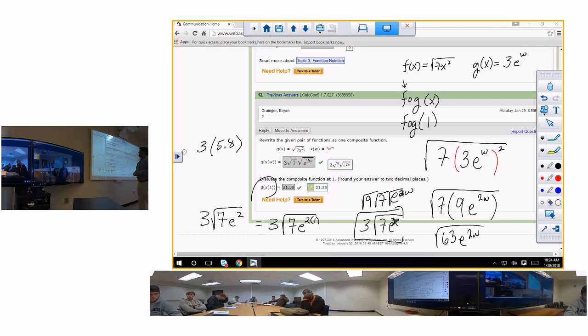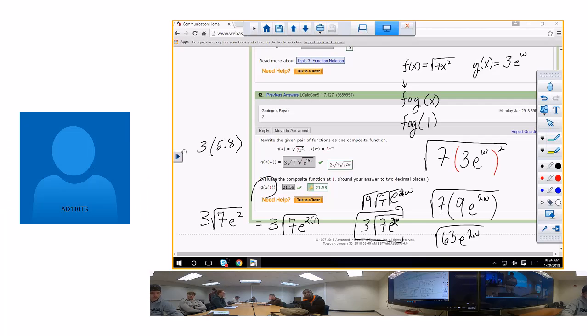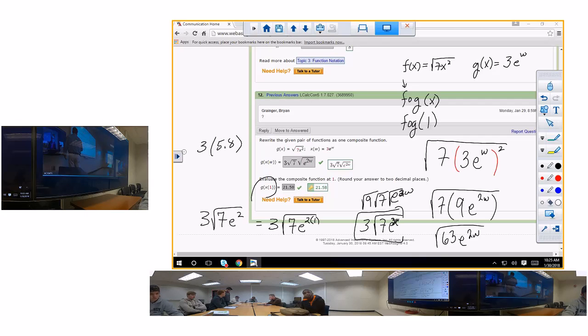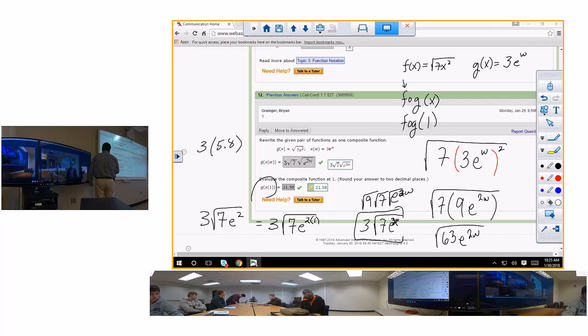So I don't know what it is, but to the square root of 7. No, right here, e to the second power. What's e to the second power? Okay, I said 5, that's why I'm off. Multiply by 7, what do you get? Take 7 and multiply by e squared. What do you get?